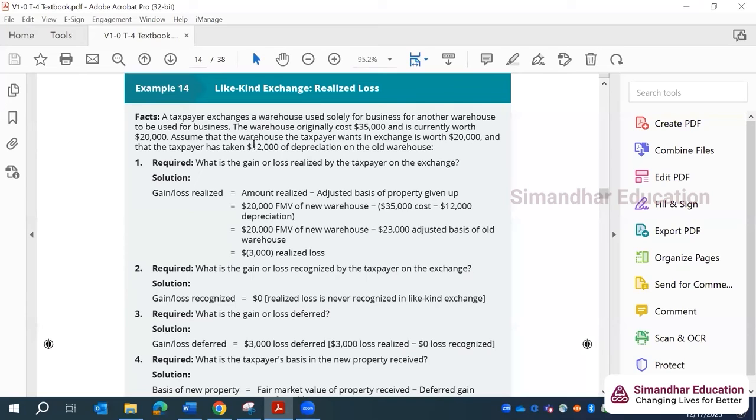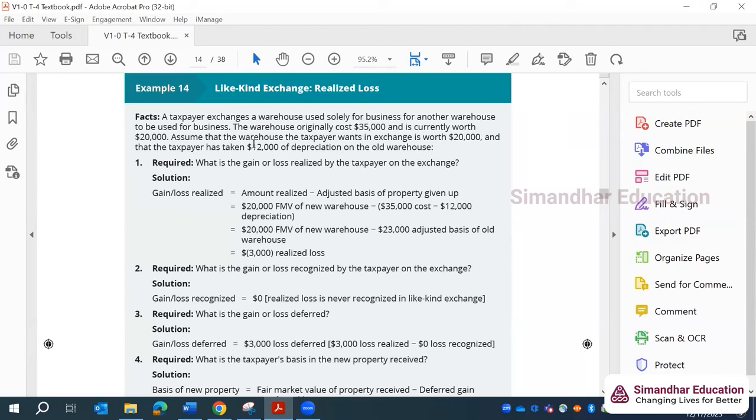So now in order for me to defer the losses, how am I going to do it? I am going to adjust the basis of the property that I have received. The fair market value of the property that I have received is $20,000. What am I going to do with the $3,000 of deferred loss? Am I going to step up the property or step down the property?